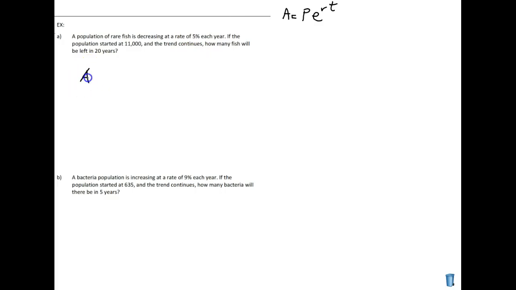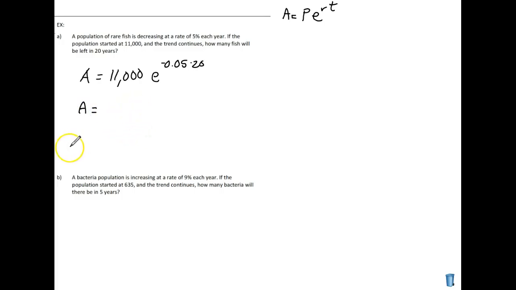So in this case, we're going to start with our 11,000 fish, and then e, we have to put it in as negative 0.05 times 20, okay? And that negative represents the fact that it is decreasing. And so I want you to put this into your calculator, multiply it out, and see what happens.